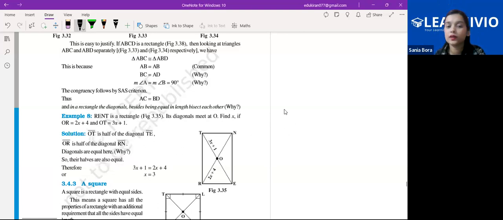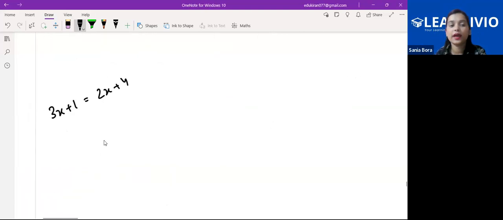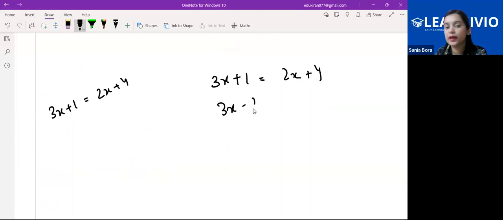So over here, 3x plus 1 is equal to 2x plus 4, because the diagonals are of equal length. You will write this. Then 3x minus 2x is equal to 4 minus 1, so x is equal to 3.